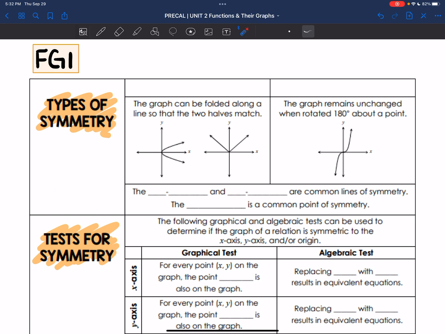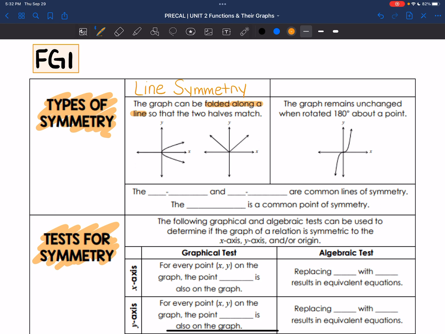I want to begin by talking about the types of symmetry that we can have for function graphs. The very first type of symmetry that we can have is called line symmetry. For line symmetry, the graph can be folded along a line. It's being folded along a line so that the two halves match each other.